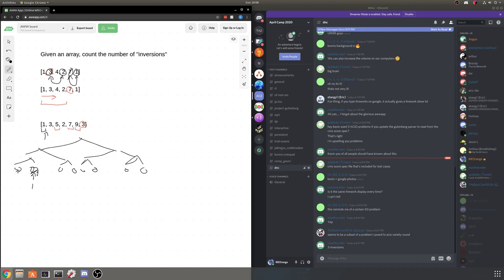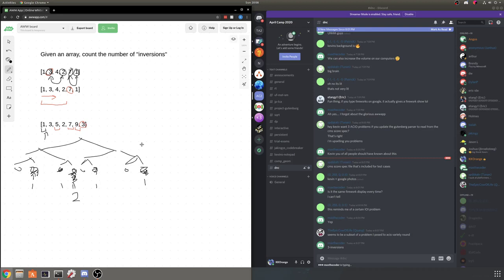To add a 3, you go to index 3, which is 0, 1, 2, 3. You increment this by 1, so that's now 1. And you can go on incrementing to add each number as you go. So 5, 6, then 7, and this becomes 1, and so on. And maybe let's say we get to this 3 here. That means we go to index 3 and we increment this by 1, so that becomes 2.